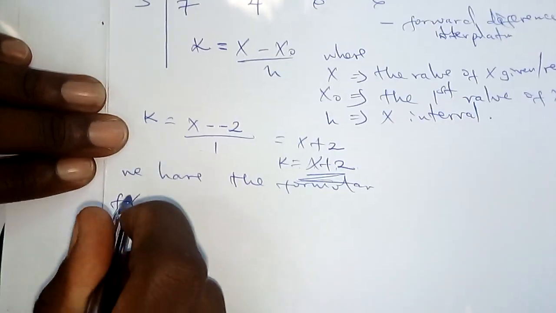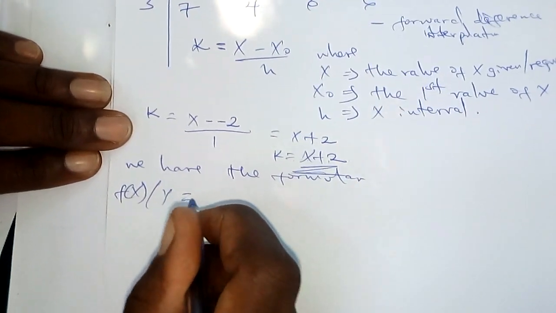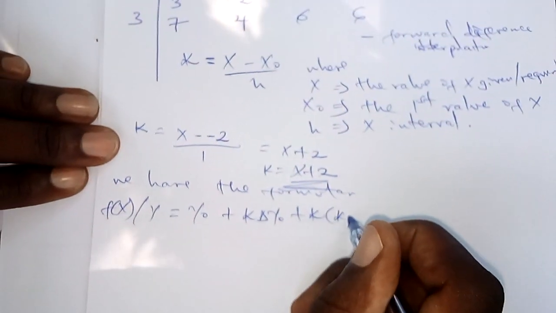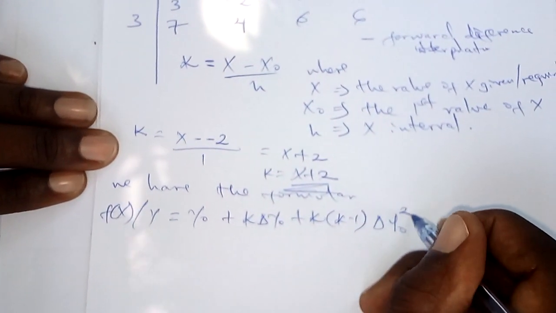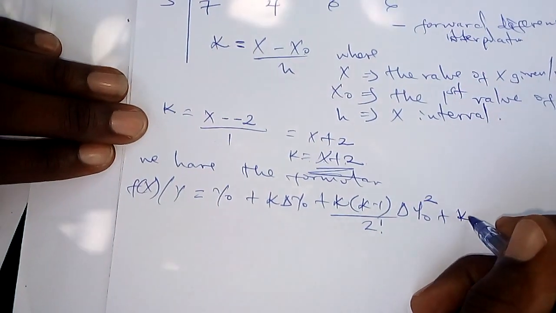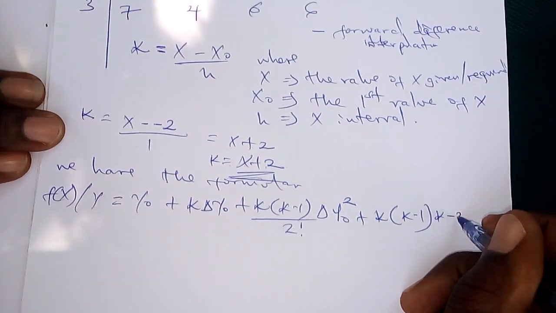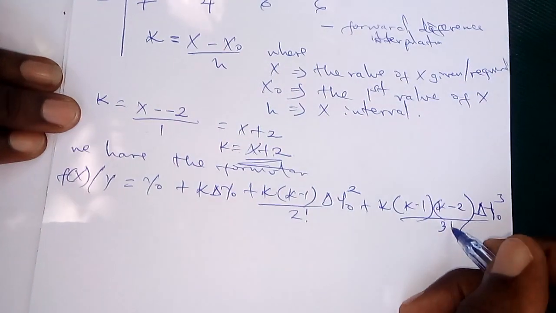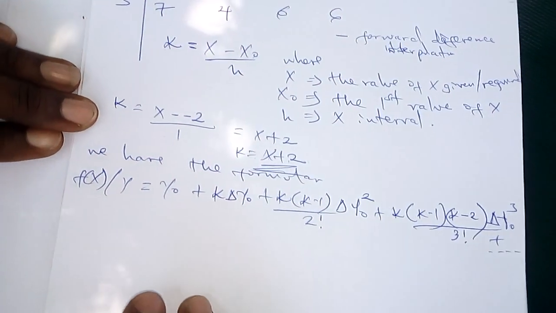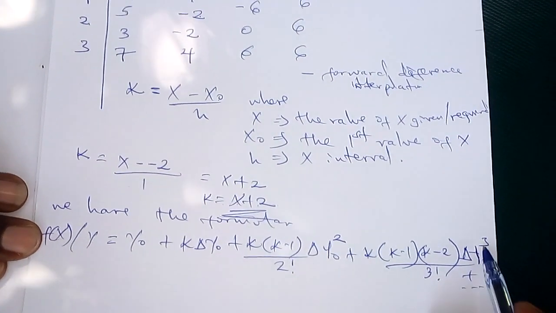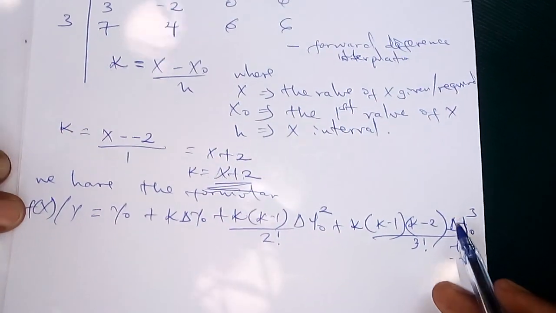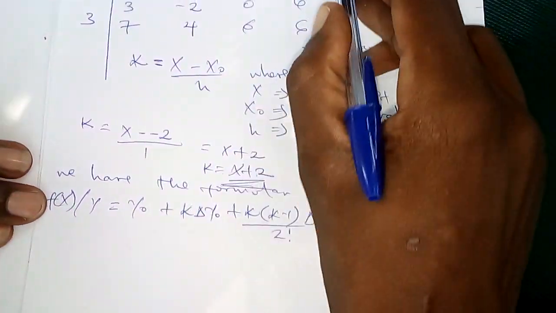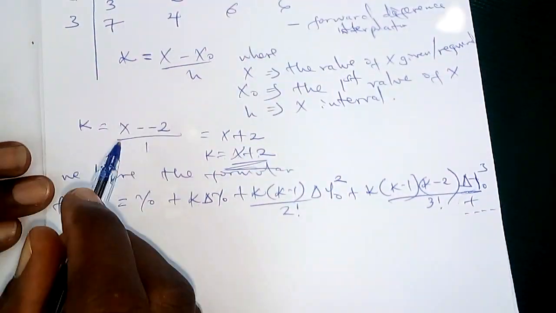We have f function of x, or y, is equal to y naught plus k change in y naught, plus k into k minus 1, change in y naught squared all over 2 factorial, plus k into k minus 1, k minus 2, change in y naught cubic all over 3 factorial, plus, and we could continue like that, but we stop at this step, since the change in y naught cubic is the last value in the last column of the table.